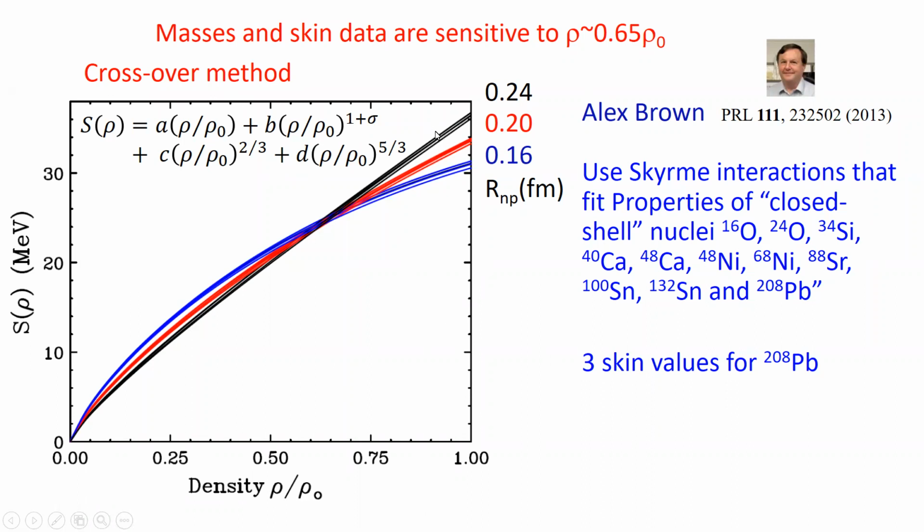This is the skin with 0.24 Fermi. This is 0.2 and 0.16. You see that obviously they have different slopes because the skin is related to slope, and also because slope and S are correlated. So there are also different S values.